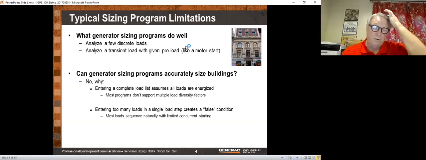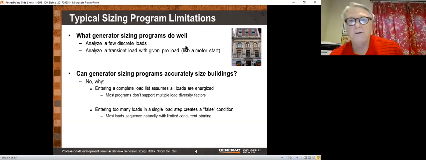And we have VFDs, we have soft starts, we now worry about harmonics, something we never did before. And so generator sizing programs have not necessarily kept up with that. But we will show you a generator sizing program a little later that has won a number of awards. Really is very easy to use and is a great program, and I highly recommend letting the computer do the work.